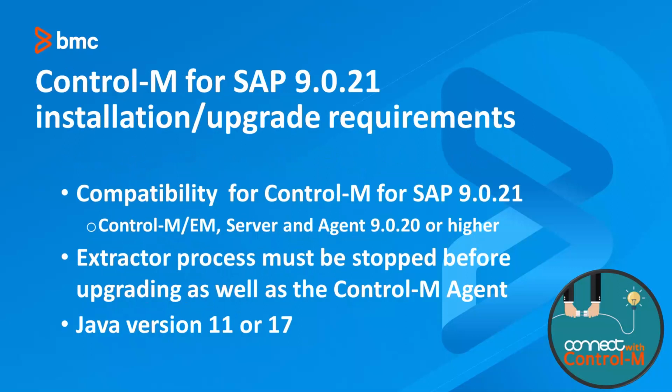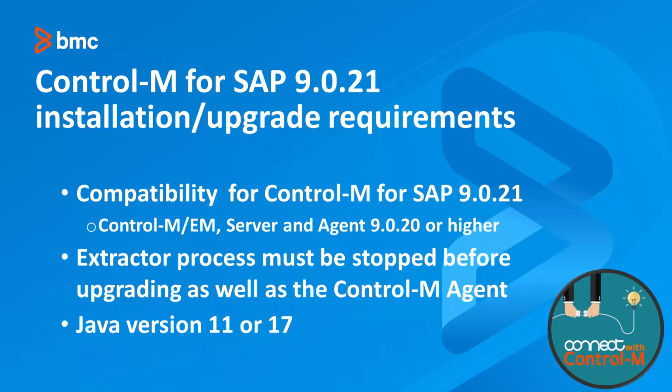Before running the upgrade or installation, we need to confirm that all the requirements are met. Control-M for SAP 9.0.21 supports Control-M Agent 9.0.20 and higher. In addition to this, it only supports Control-M Enterprise Manager 9.0.20 and higher, as well as Control-M Server 9.0.20 and higher.